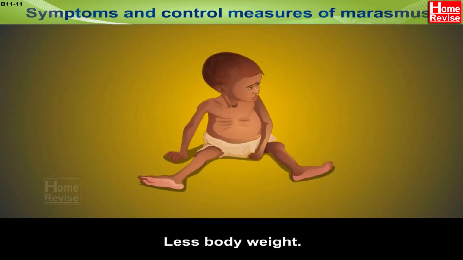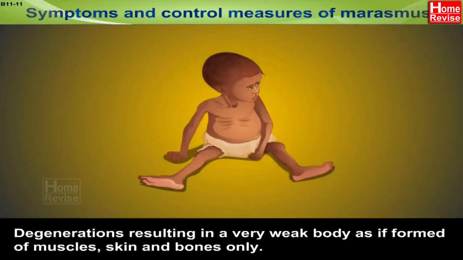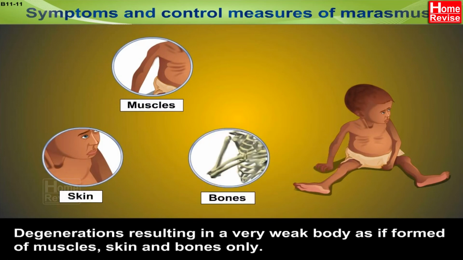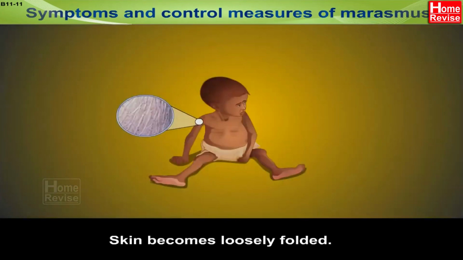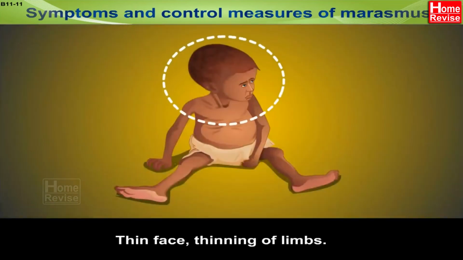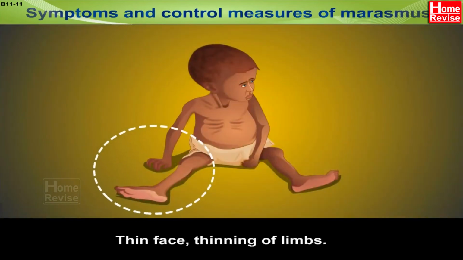Symptoms and control measures of marasmus. Less body weight, degenerations resulting in a very weak body as if formed of muscles, skin and bones only. Skin becomes loosely folded. Thin face, thinning of limbs.